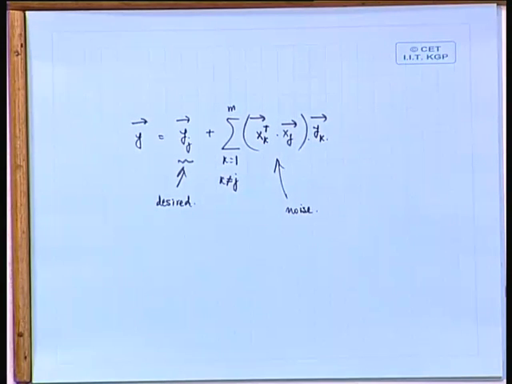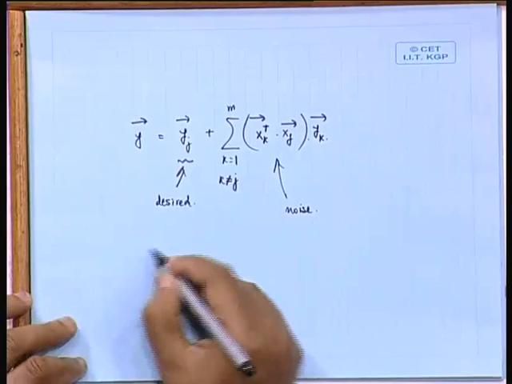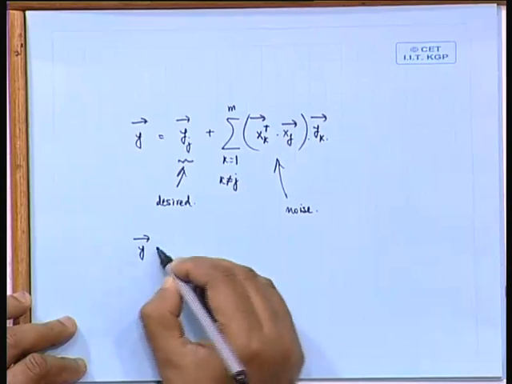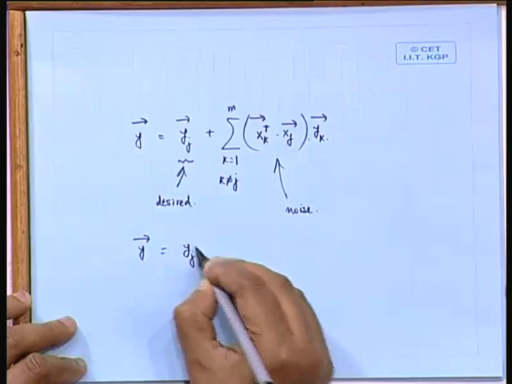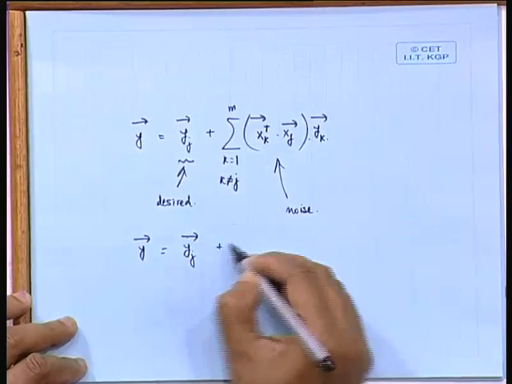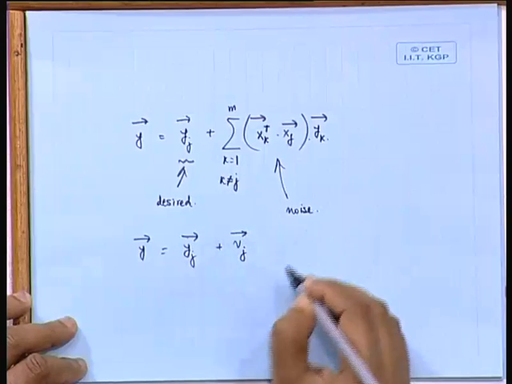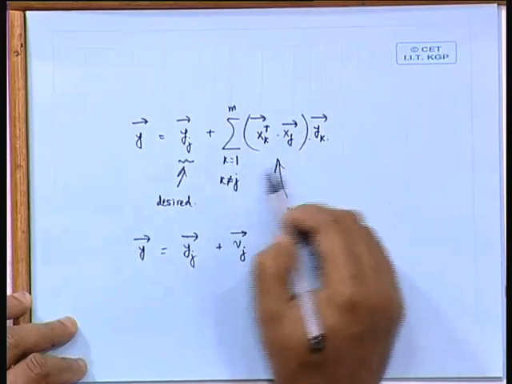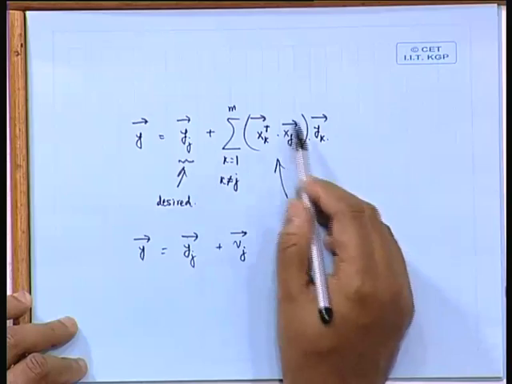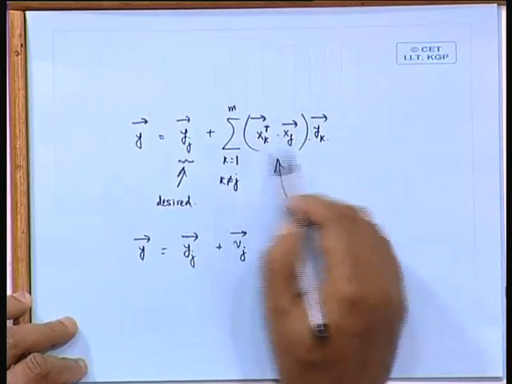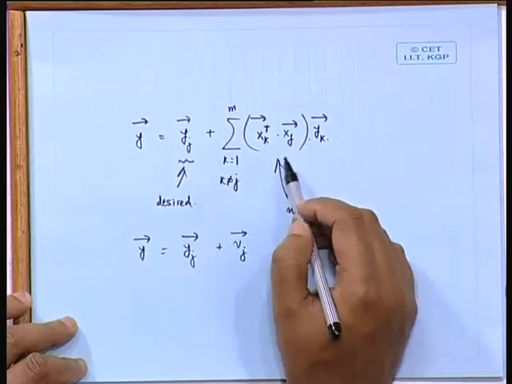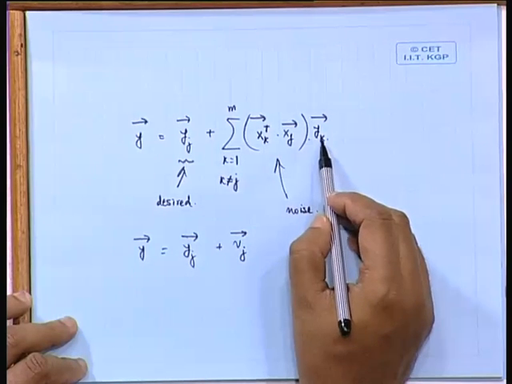So, now let us represent this as y vector equal to yj, the desired vector, plus the noise, again in the form of vector we can write vj vector, because this after all is this xk transpose xj, this being the dot product that leads to a scalar quantity times yk.